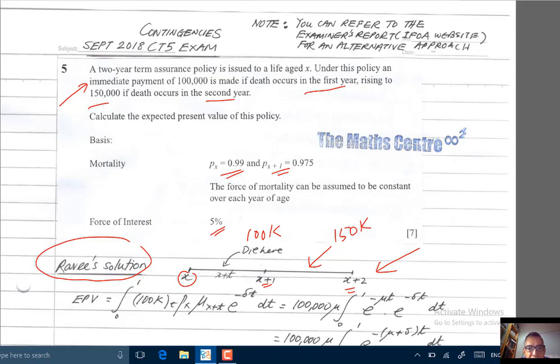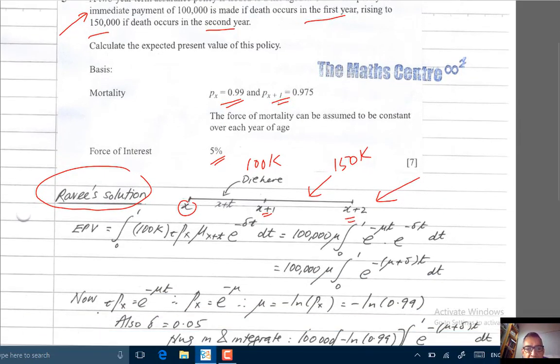Okay, we're asked to find the expected present value. So let's deal with the case where the person dies in the first year. Let's say he dies at age x+t. The expected present value will be, if he's going to die here, he has to live up to here.